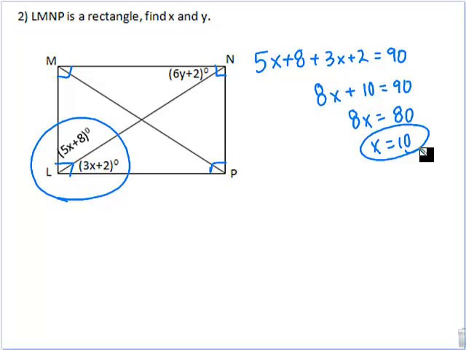Okay. Now, we only know one part of the angle up here. We only know M and L. Now, we only know that part. Do we know that those two pieces are equal to each other? So do we know that MNL and LNP, do we know anything about those two, like they're congruent?